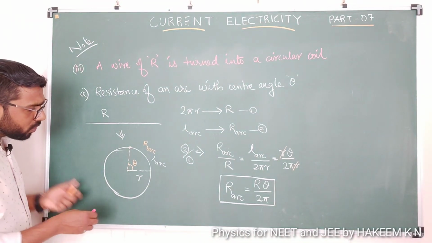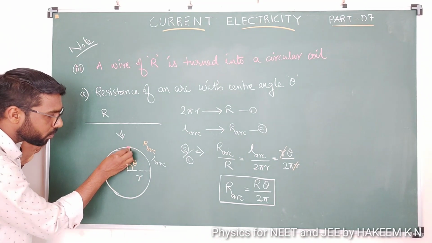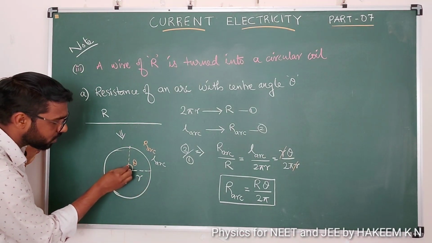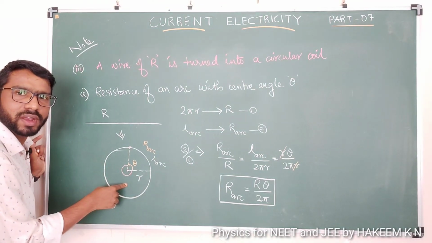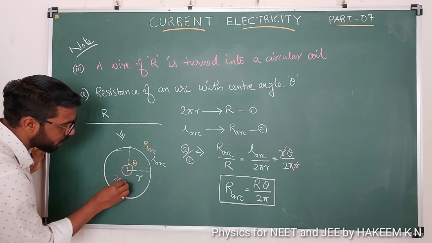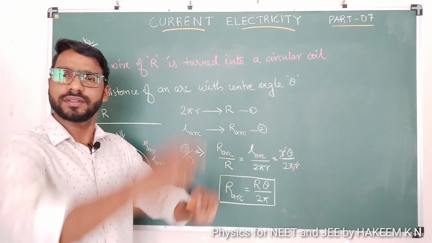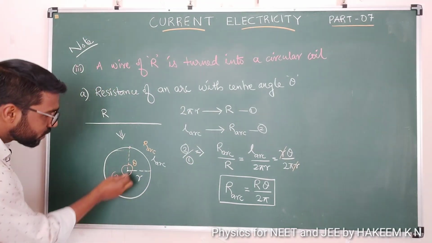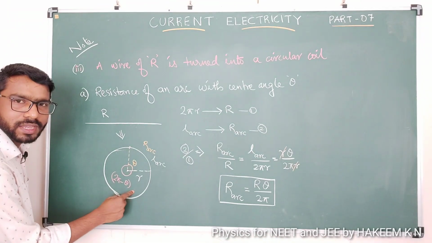Then what will be the resistance of the remaining arc? The center angle of the remaining arc will be 2 pi minus theta. Am I right? Total is 2 pi, 360 degrees. This arc makes theta angle, so the remaining arc should make 2 pi minus theta.